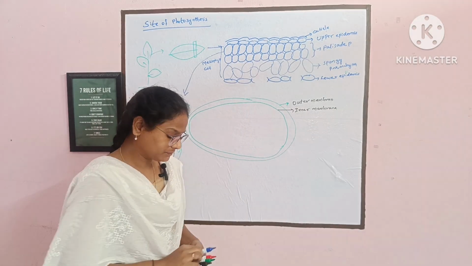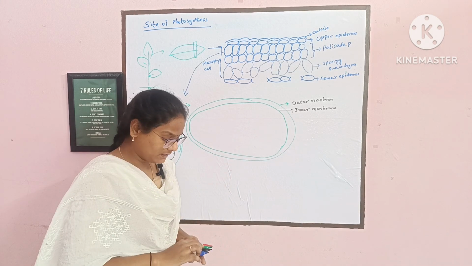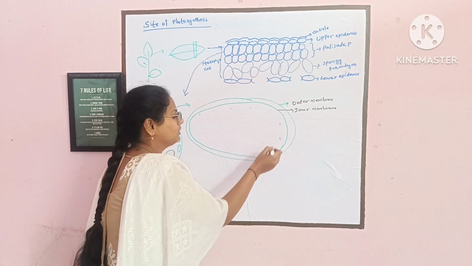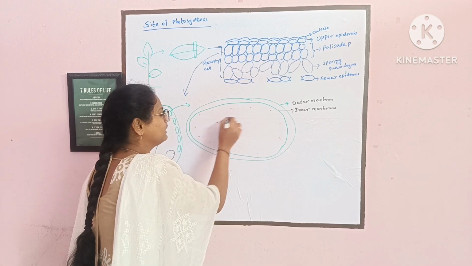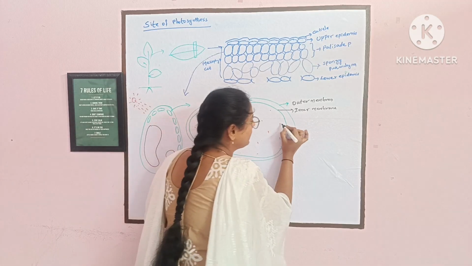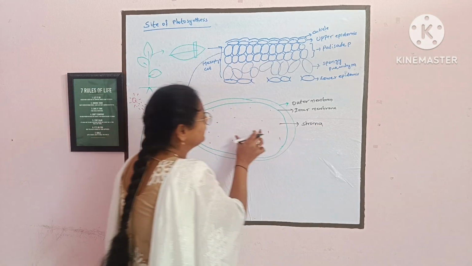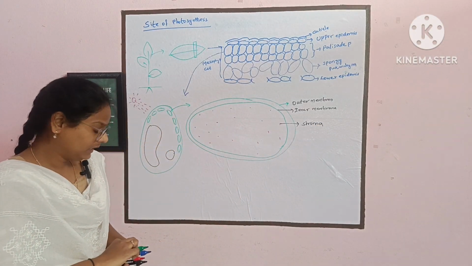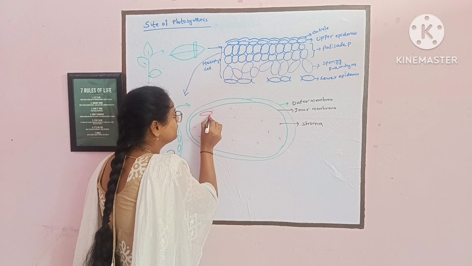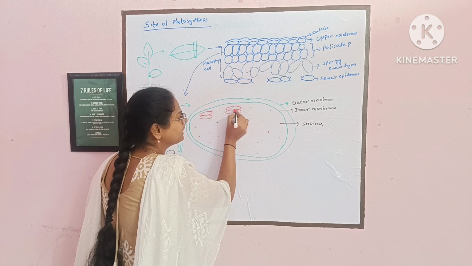Clear? Now inside the inner membrane there is a substance called stroma all over the cell, which is a jelly-like substance. So this is the stroma. Now, in the stroma, there are structures called thylakoids. What is the role of thylakoid?